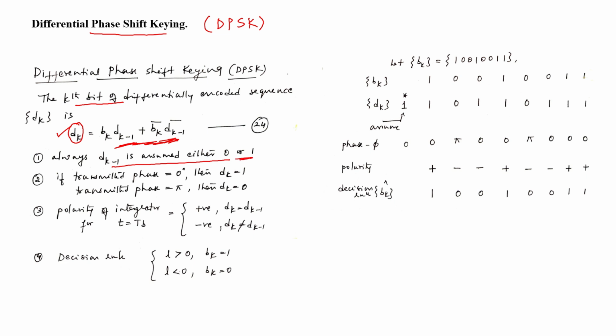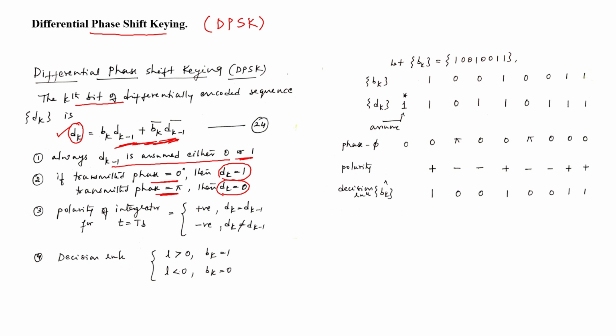Since we use analog techniques to transmit digital information over an analog channel, if the encoded kth bit is binary 1, the phase transmitted is 0. If the encoded kth bit is 0, then the transmitted phase is 180 degrees.